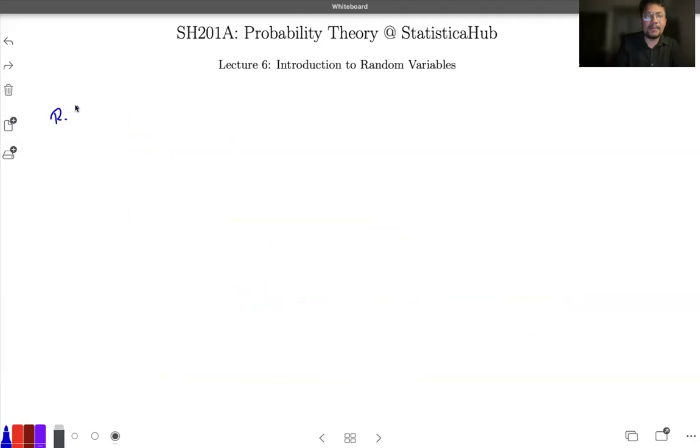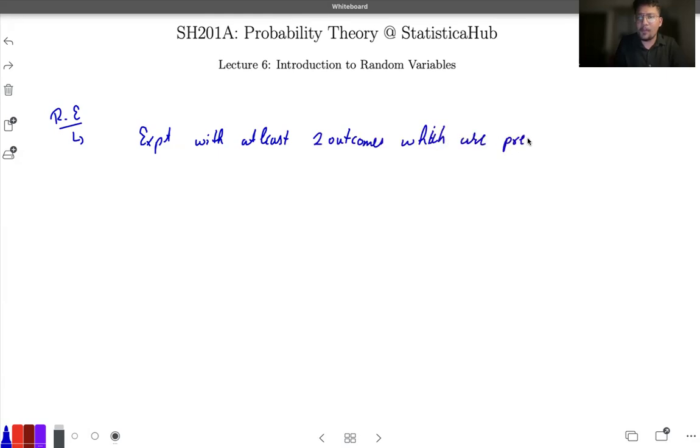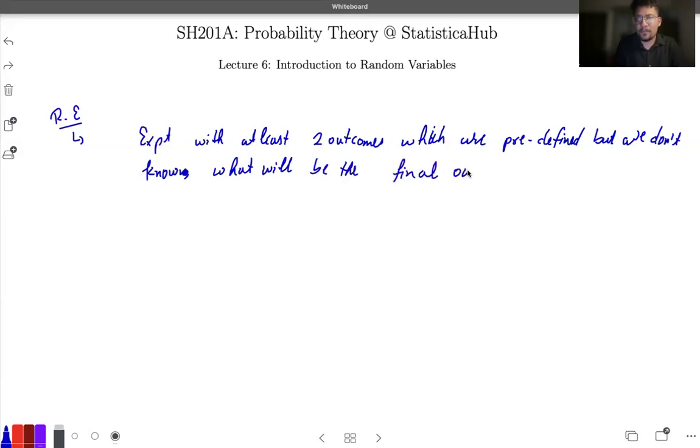A random experiment is an experiment with at least two outcomes which are predefined, but we don't know what will be the final outcome. Correct? So that is the idea of a random experiment.